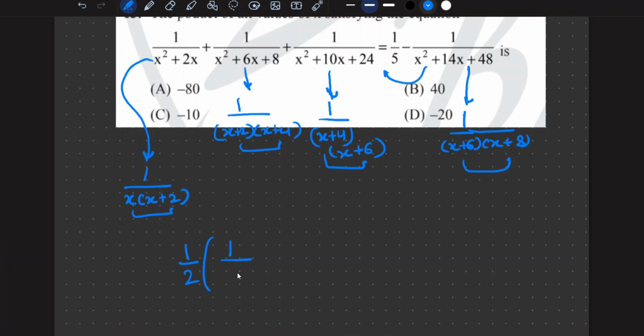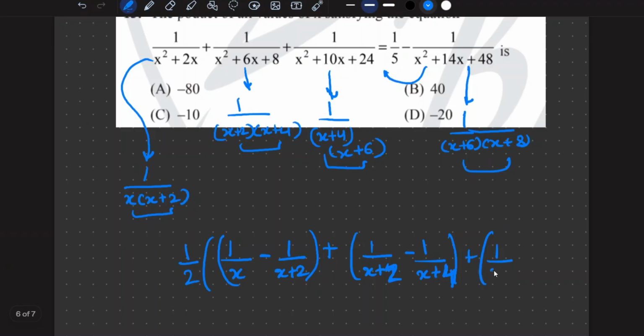So what you will be left with is 1 by x minus 1 by (x plus 2), plus 1 by (x plus 2) minus 1 by (x plus 4), plus 1 by (x plus 4) minus 1 by (x plus 6), plus 1 by (x plus 6) minus 1 by (x plus 8).